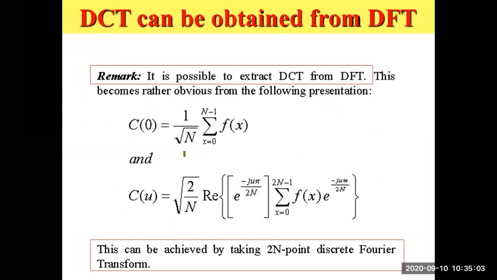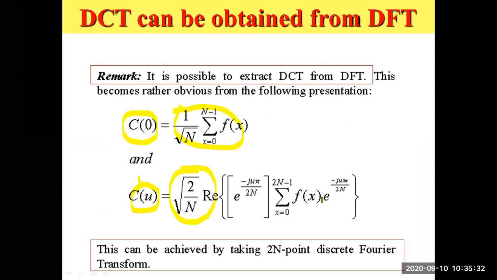We can also obtain the discrete cosine transform from the discrete Fourier transform, since it is extracted from this. If you know the DFT value, for suppose let us consider C0 for one dimensional discrete cosine transform, and this is at 0 and this is at a particular u, it is given by the formula like this.